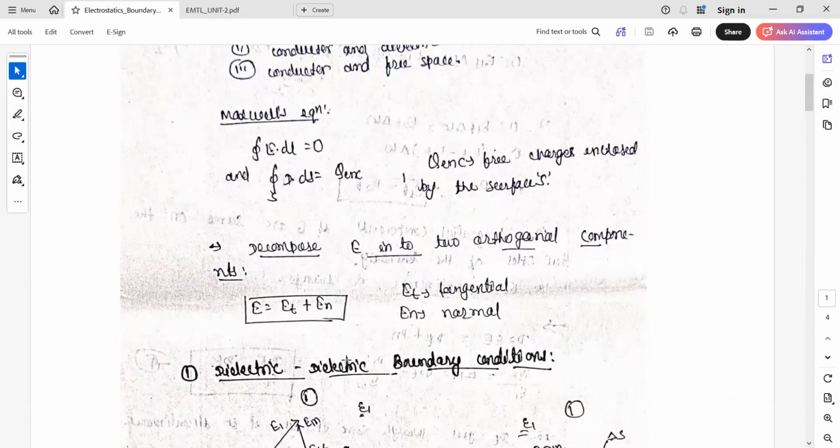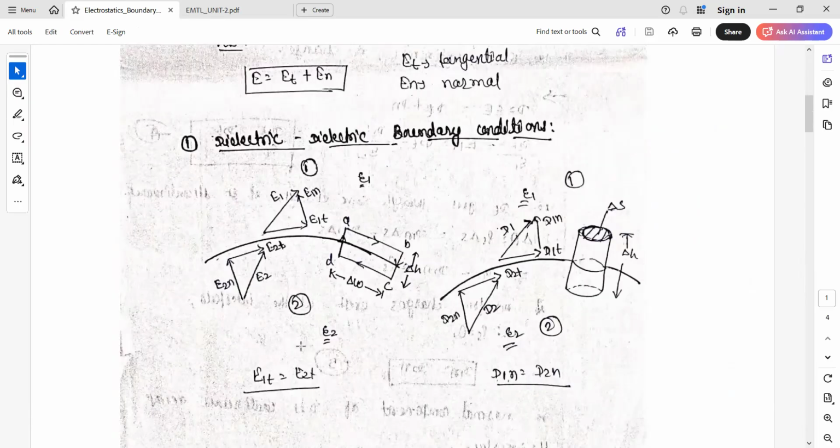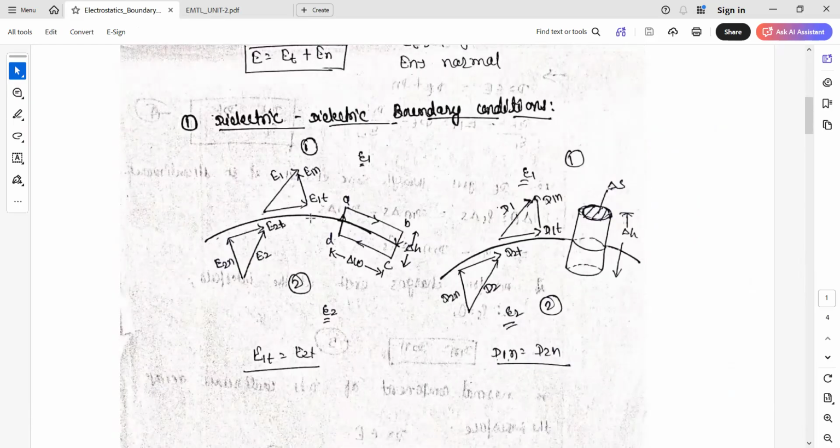In case of dielectric boundary conditions, here we have a surface interface with medium 1 and medium 2 on both sides, having epsilon 1, epsilon 2 as the values here. So epsilon is equal to epsilon naught into epsilon r. So here we have the normal component and tangential component of electric field as well as electric flux density.